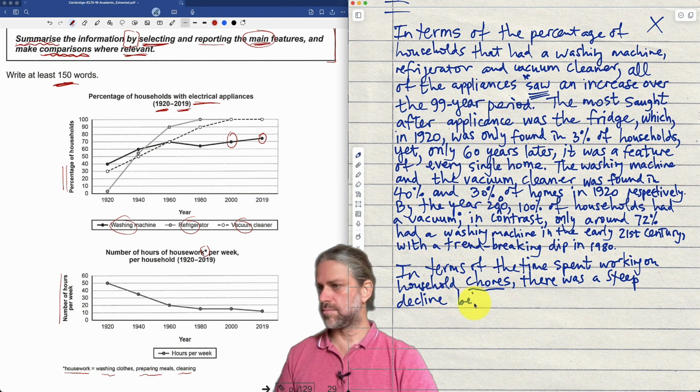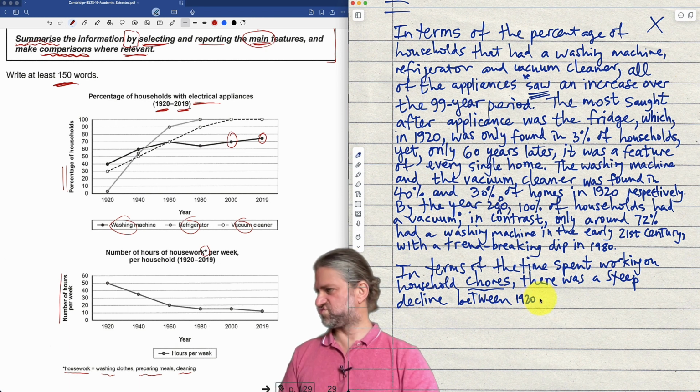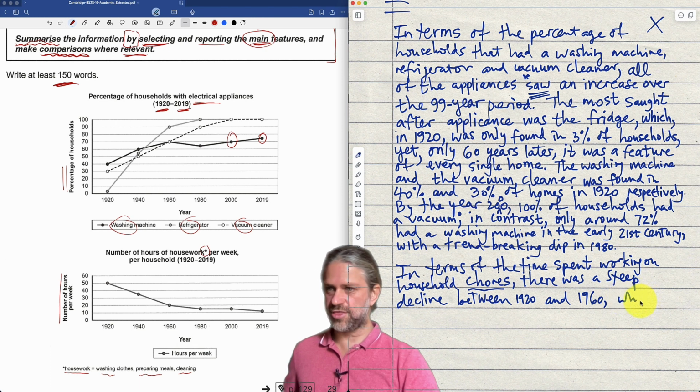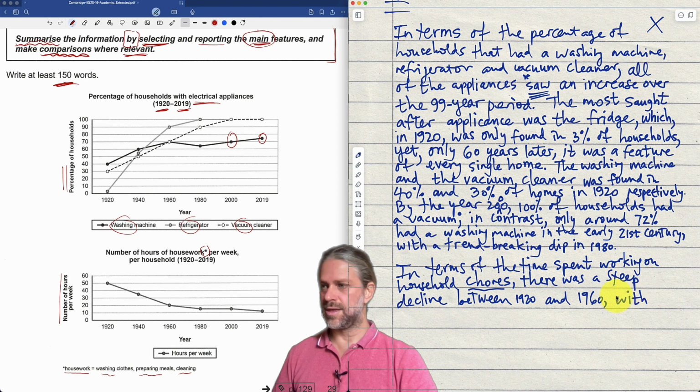between 1920 and, we can extrapolate here, so let's say between 1920 and 1960, with a leveling off.